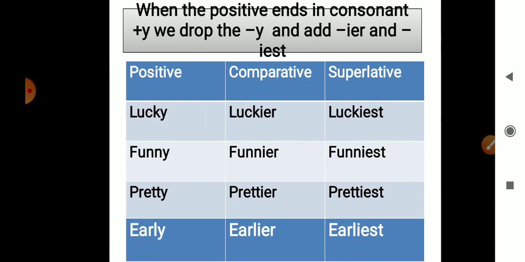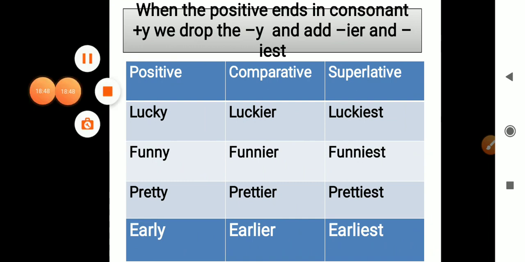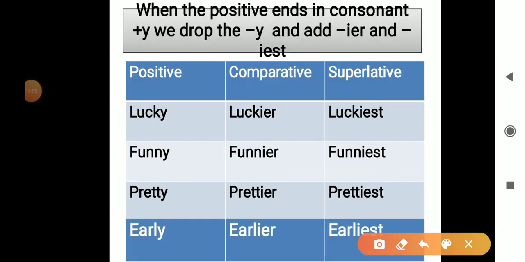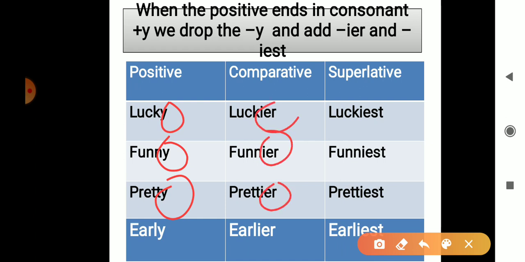When the positive ends in a consonant and Y, we drop that Y and we add IER and IEST.